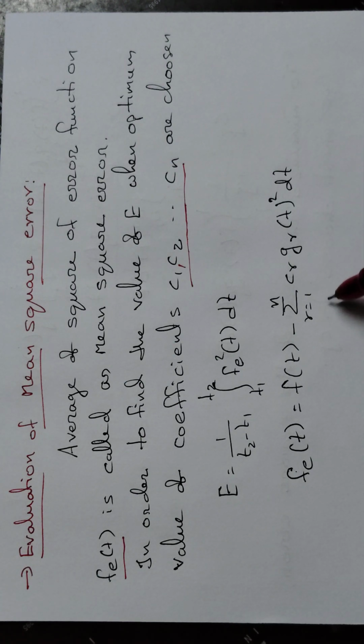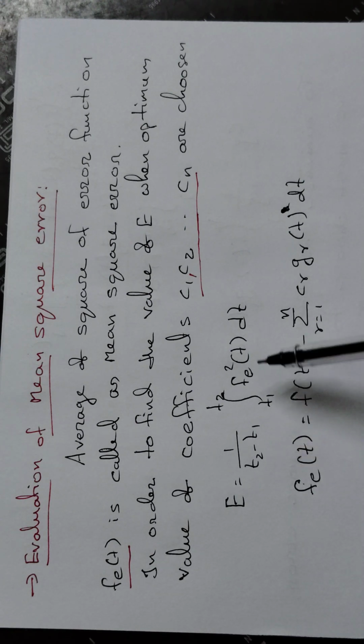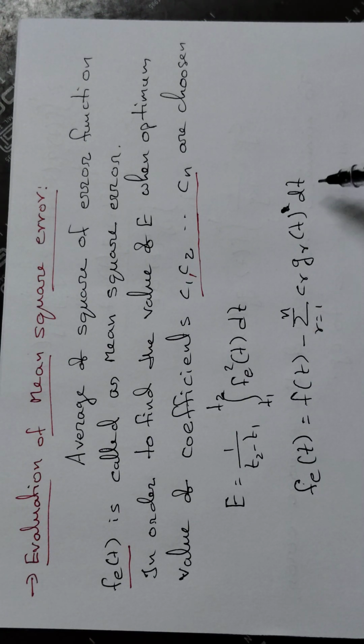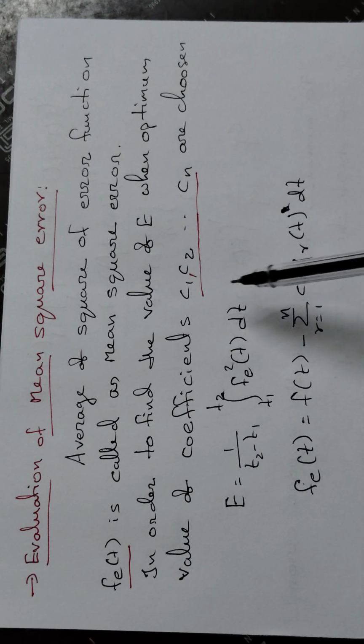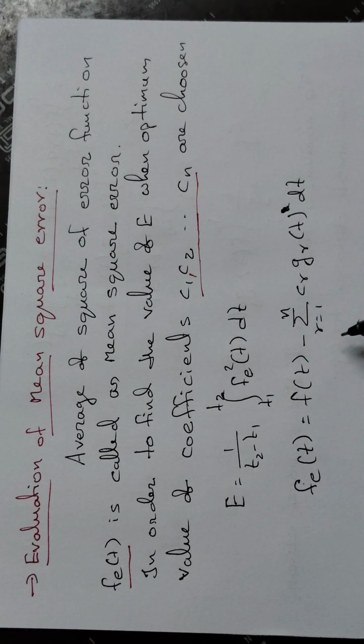Now fe of t is equal to what? F of t minus summation r is equal to 1 to n cr gr of t. Here the summation represents the number of component values. We are taking n component values, that's why the summation runs from r is equal to 1 to n.